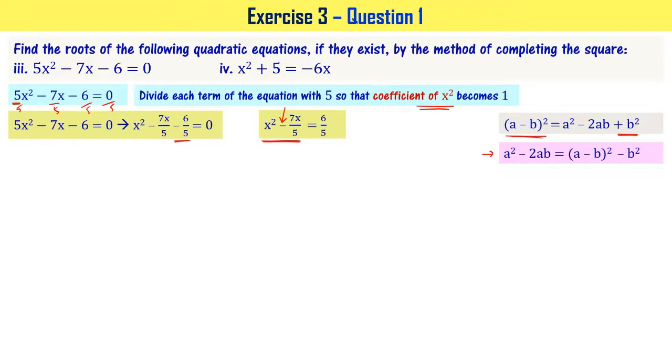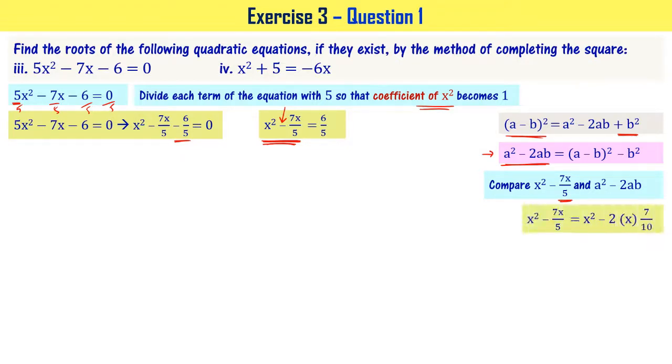Now let's compare this part of the equation with this part of the equation. Since it is not easy, let me rearrange it and write it as x square minus 7x by 5 equal to x square minus 2 times x times 7 by 10. What I have done is I have multiplied with the number 2 and divided the term by 2, right?